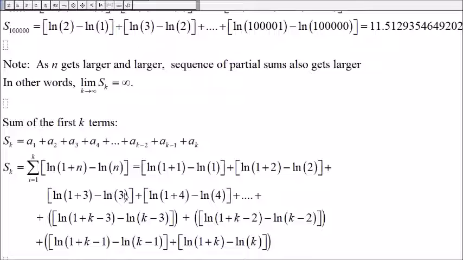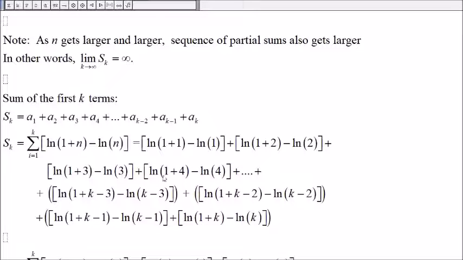Here's the sum of the first k terms. This is the first term, this is the second, this is the third, this is the fourth, and the last one is the kth term. So in the place of n, we just put k.